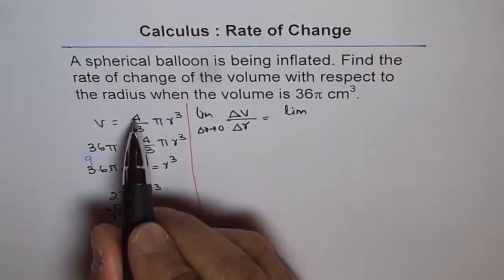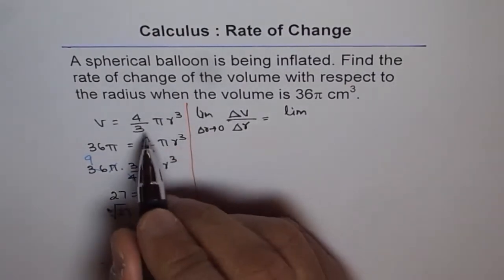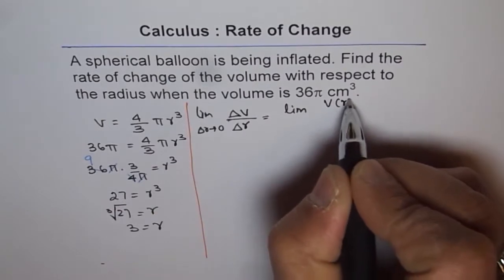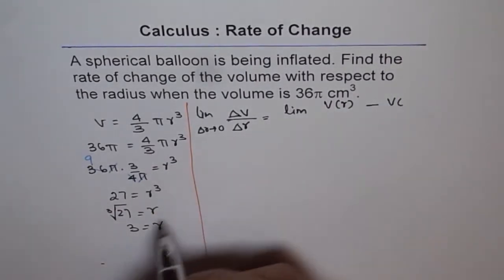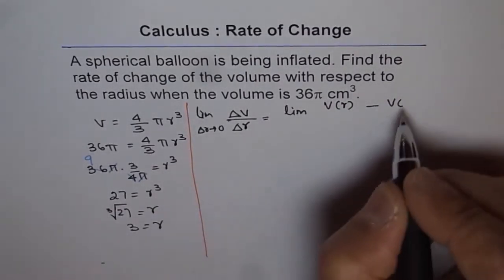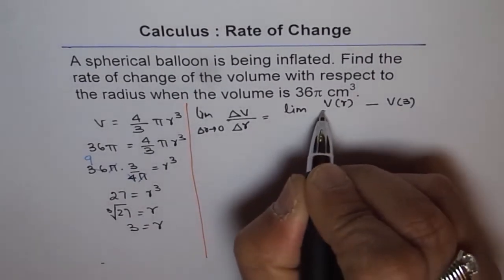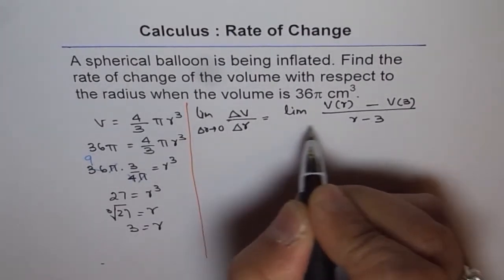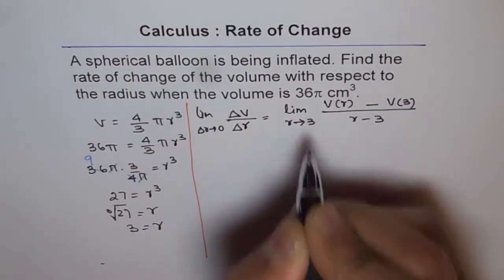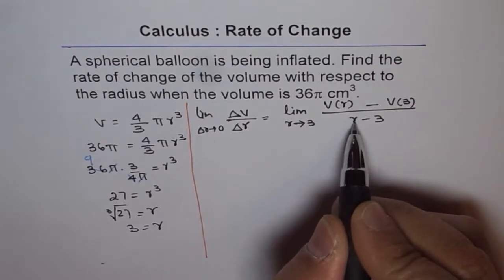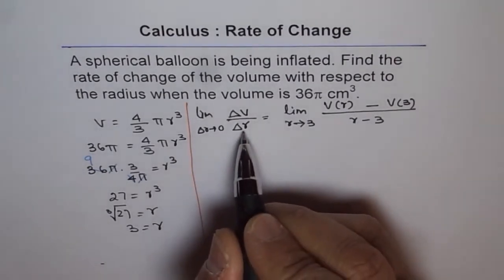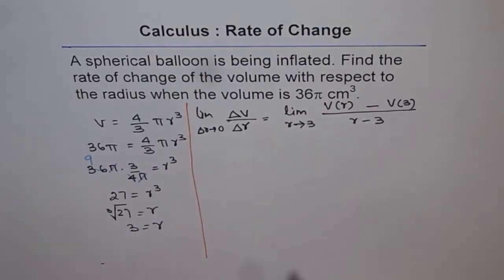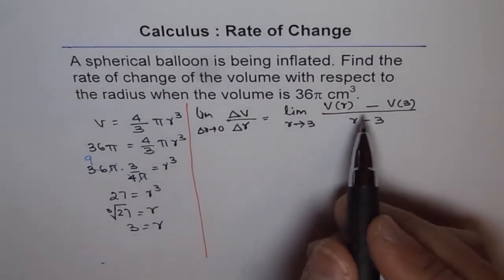Let's write it out. Volume is 4 by 3 pi r cube. So limit when the volume is for r minus when the volume is for radius of 3, over r minus 3, where r is approaching 3. So if r is very close to 3, then delta r is approaching 0. So that's the definition which we are going to use to find this rate of change.